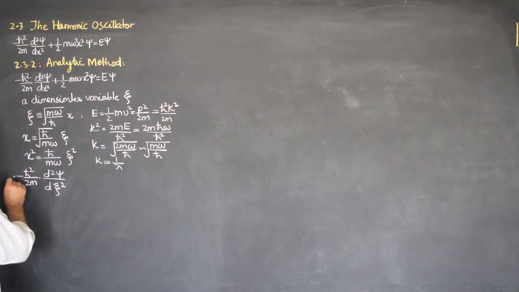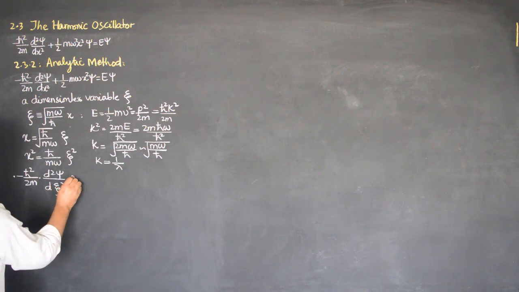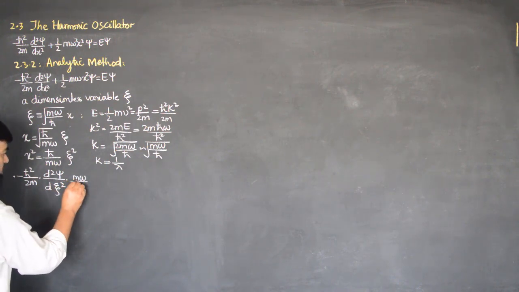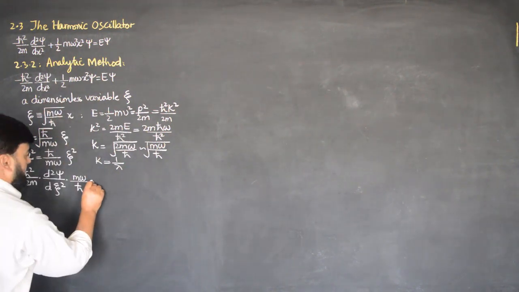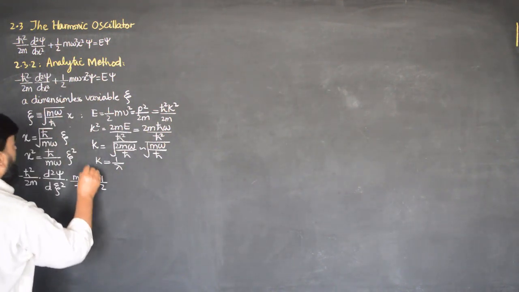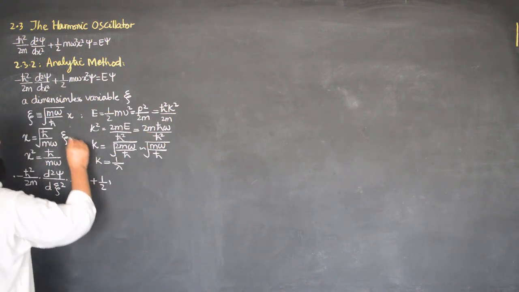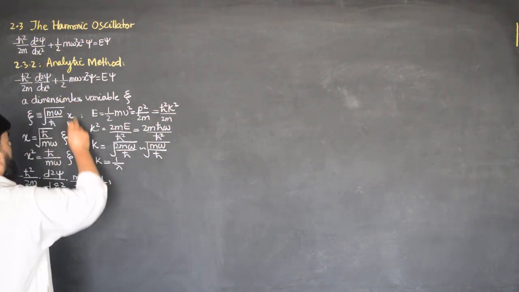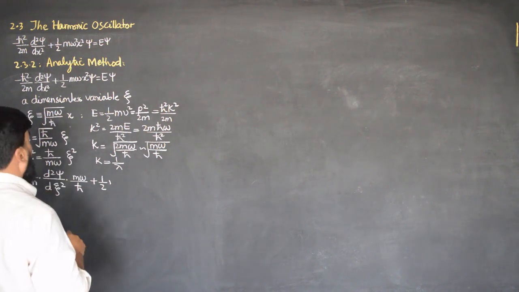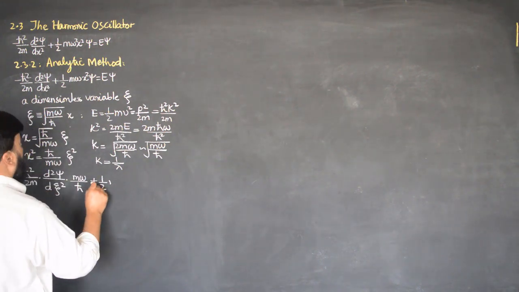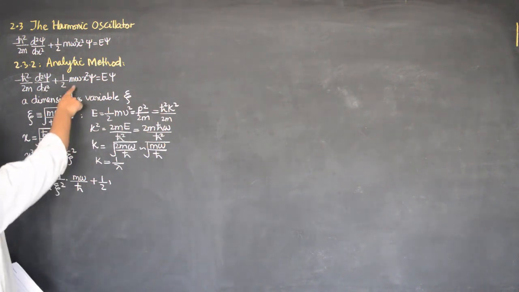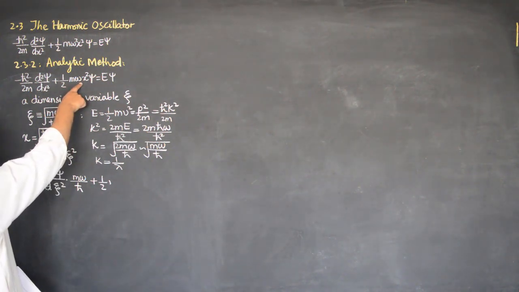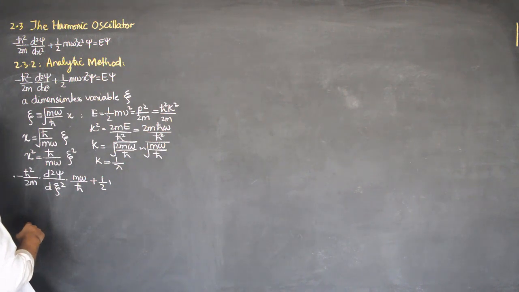So let's multiply this with m omega over h bar, then plus half m omega x squared. I will have to convert this one as well, but let me convert this at a later stage.